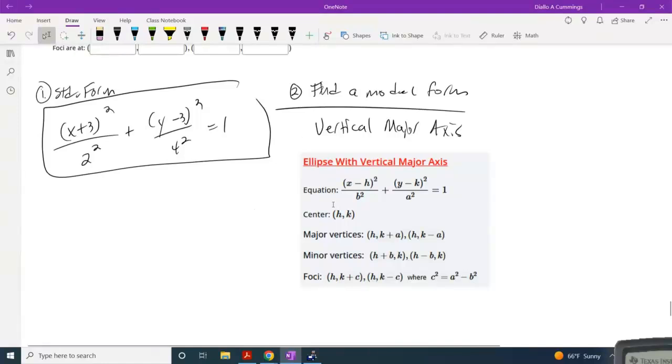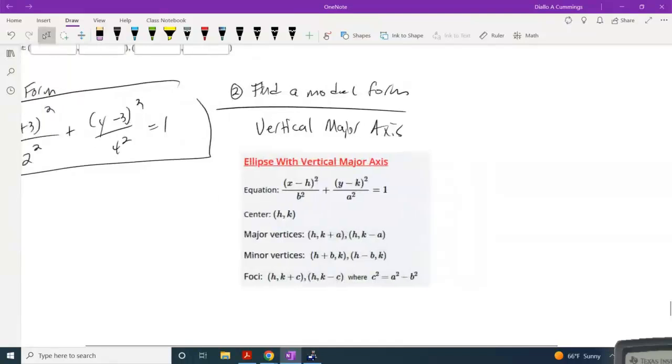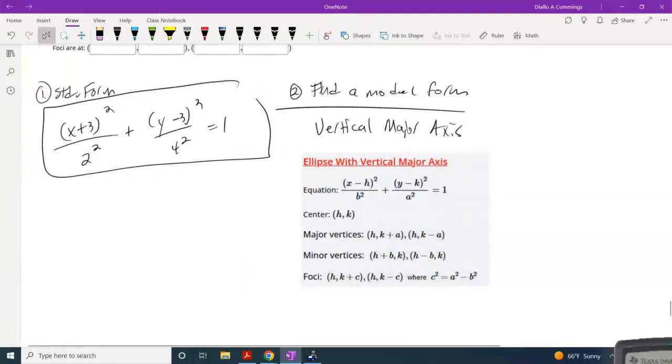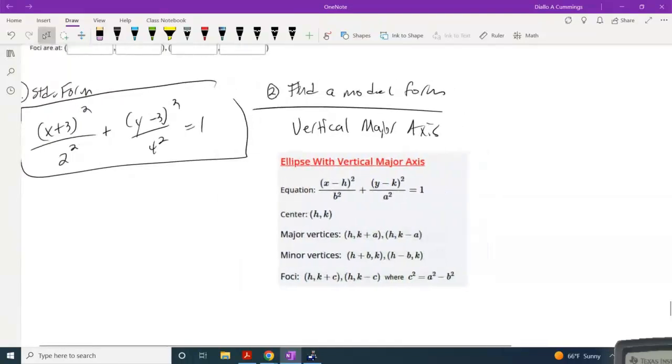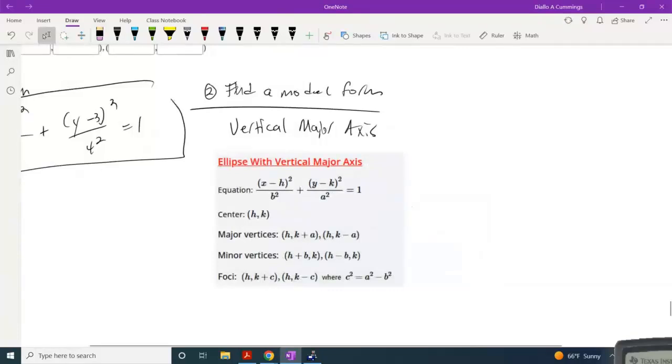So my center should be located at -3, +3. So h is going to be -3. K is going to be +3.